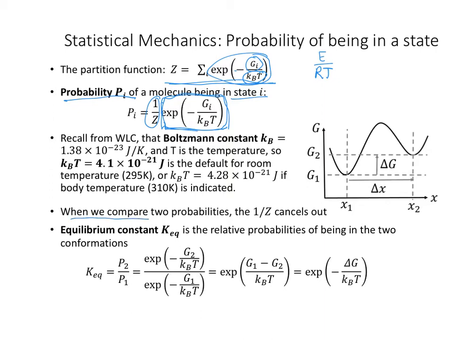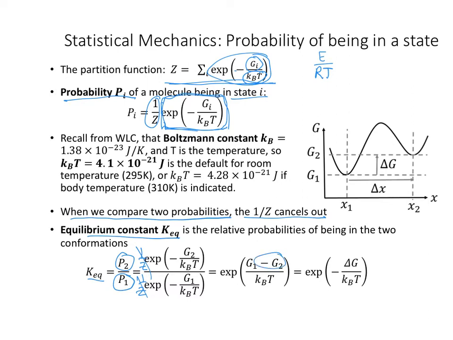Now, if we want to compare two probabilities, that is, we consider just two states, then the 1 over Z will cancel out. So we'll define the equilibrium constant as the relative probability of being in state 2 divided by state 1. And as we said, these each have a 1 over Z, but those cancel each other. So it's just the ratio of these exponents of minus energy divided by thermal energy. And a ratio of exponents is the exponent of the top minus the bottom.